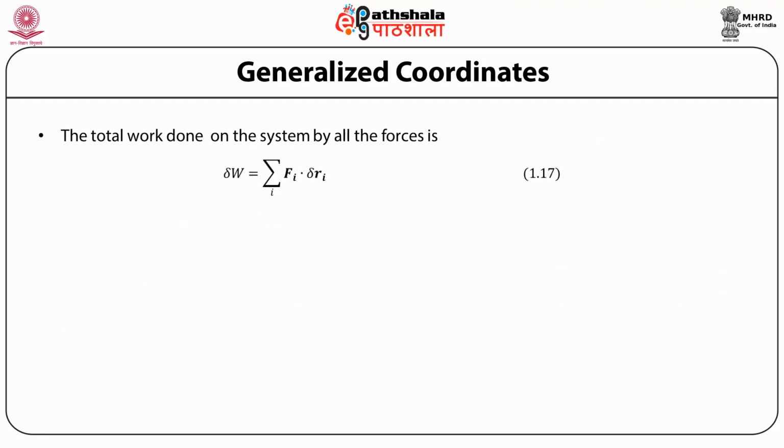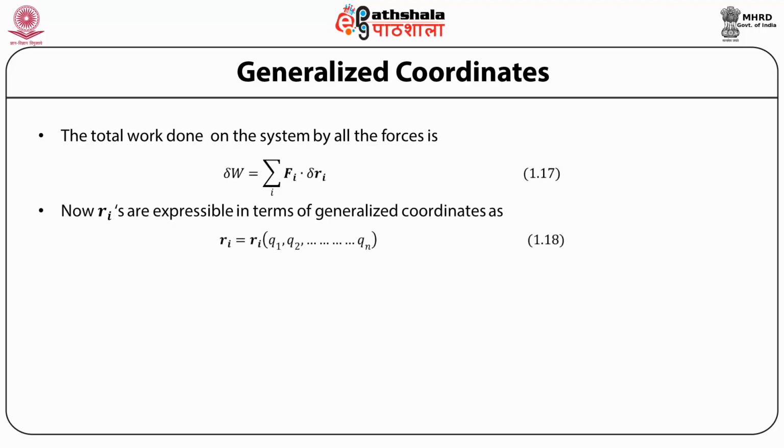So therefore the total work done by the system of all the forces acting on all the particles, if represented by delta W, the delta W is the sum over i of the work done on each particle i, which is Fi dot delta ri.